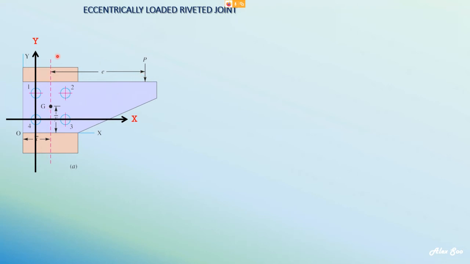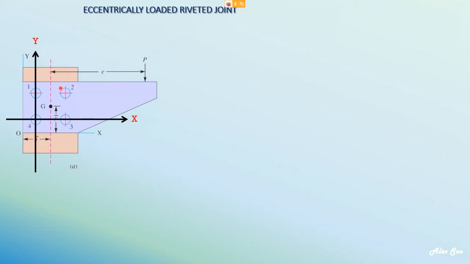If P is acting on this dashed line here, the red dashed line, then we cannot consider it an eccentric loaded riveted joint. So the P must be away from the center of gravity, distance E, eccentricity.